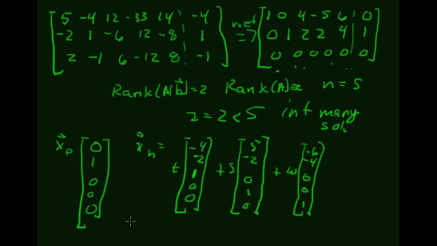So if this is the homogeneous solution, then x will be the homogeneous solution that I have here plus the particular solution that I have here. And any values for t, s, and w are going to solve the system Ax is equal to b.